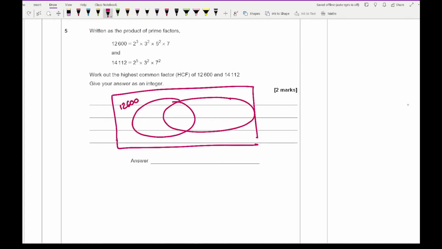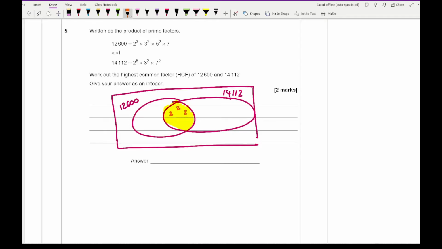So we've got 12,600 and we've got 14,112. Now the numbers that go in the middle are our highest common factors. So what we want is the numbers that appear in both of their product of primes. Looking at this, we take the lowest power of the numbers. So the lowest power of 2 which both of them have got is 3, so I've got 1, 2, 3.